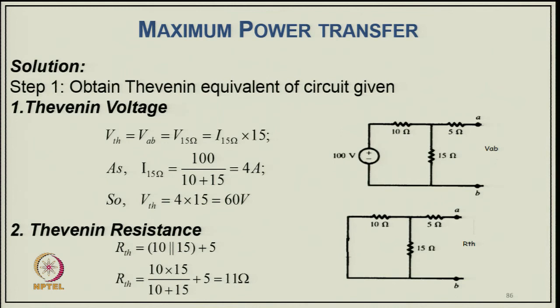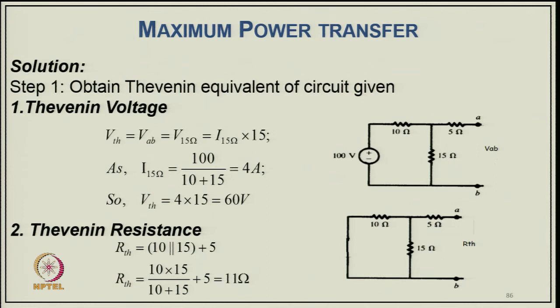When we take a Thevenin equivalent, we make it an open circuit. So VTH equals VAB, which is typically V15, because there is no current flow here. So it will be I15 into 15. I15 will be 100 divided by the total resistance of 10 plus 15, which is 4 ampere, and VTH will be 4 ampere into 15 ohm, that is 60 volt.